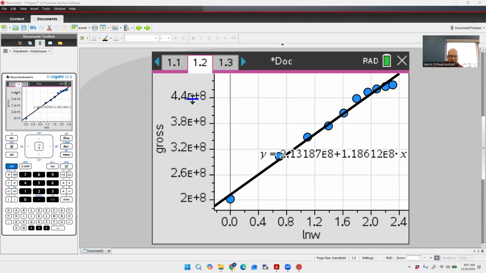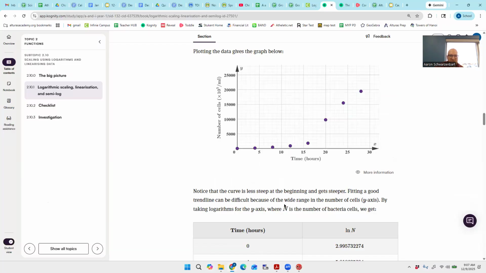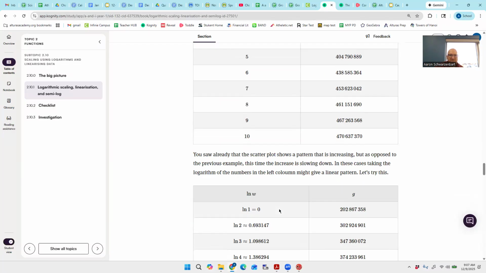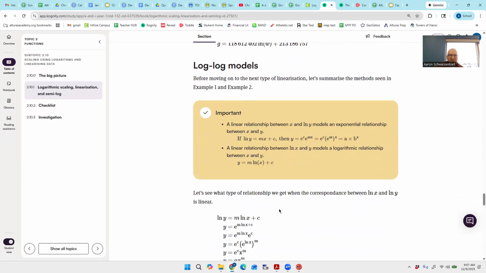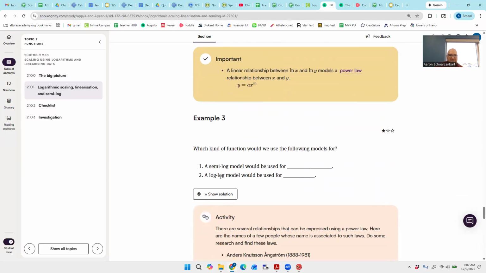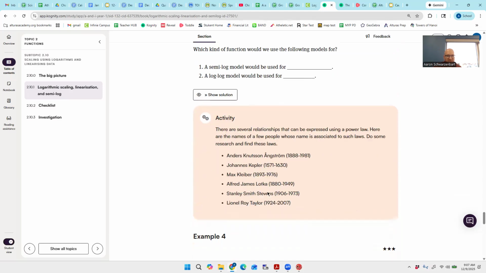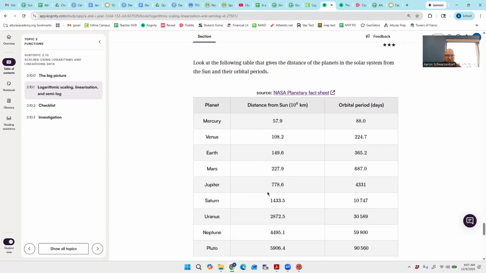So example 3 is your quick quiz questions. Semi-log means we're logging one of the axes. What would semi-log be used for? What type of models? Exponential and logarithmic. Log-log is going to be used for powers.